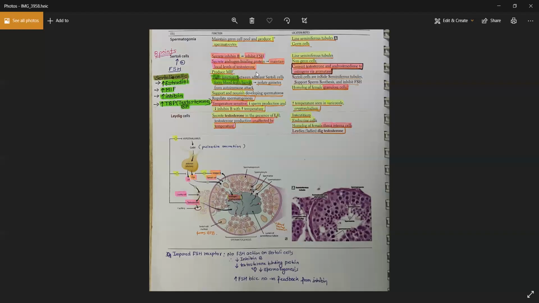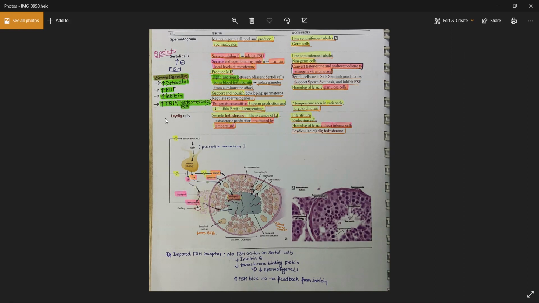Yes, that's all about the Sertoli cells. Now, outside the seminiferous tubules, in between two seminiferous tubules, you have the interstitial space. In that interstitial space, you have the Leydig cells that secrete testosterone in response to the luteinizing hormone, or LH.